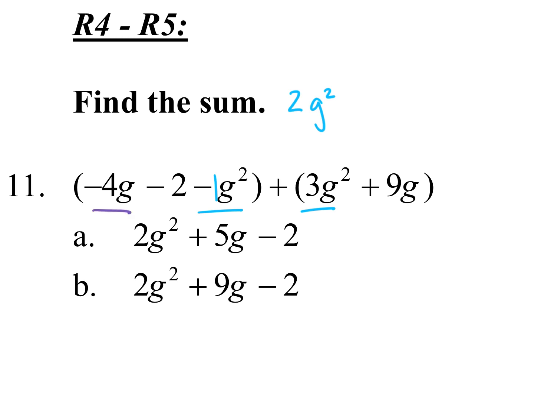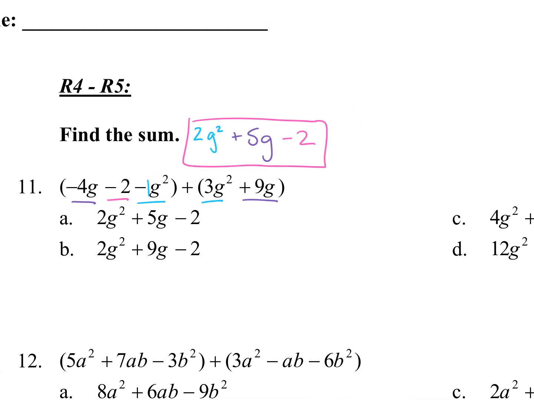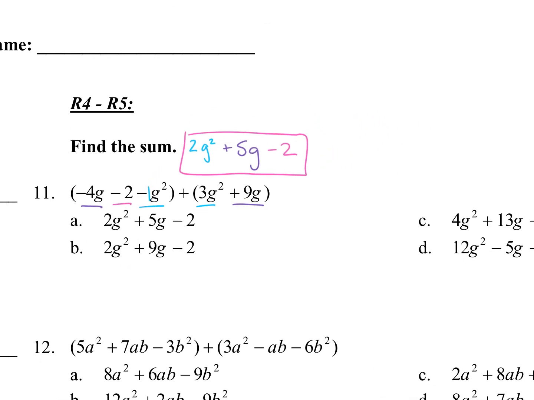Then I'm going to go to the g's. Negative 4g plus 9g would be what? Negative 4 plus 9. So that'd be 5g. And then negative 2 doesn't have a like term, so it'd just be minus 2. So that would be our answer, which matches answer choice A.